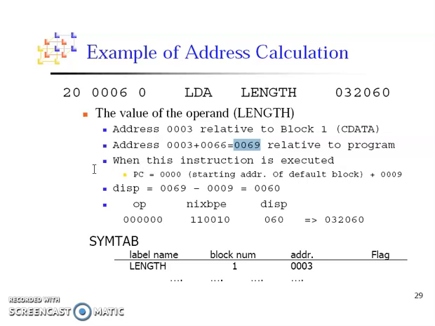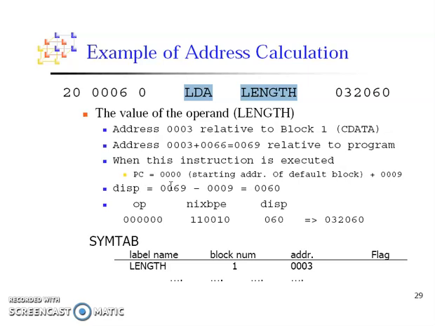When this instruction is being executed, the program counter value will be equal to 0009. When the instruction is fetched, the PC value will be 0006. When the instruction is being executed, PC will be incremented by 3, which becomes 0009.